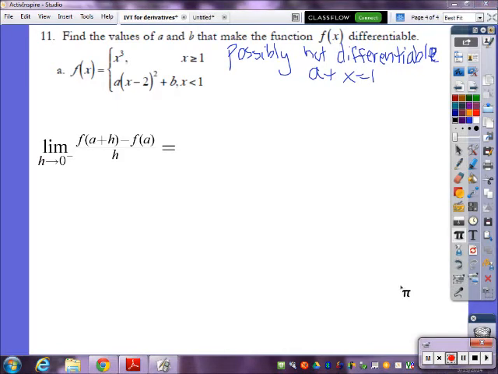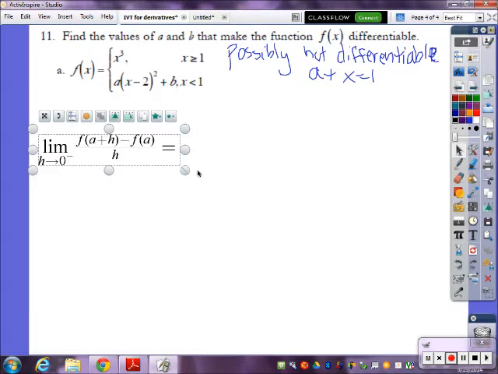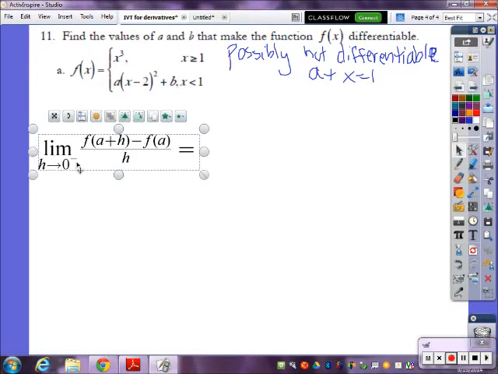So here is our setup for our left-hand derivative. It's the limit as h approaches 0 from the left of f of a plus h minus f of a over h. You may notice that this is the limit definition for the derivative at a point, because we're only looking at where x equals 1.